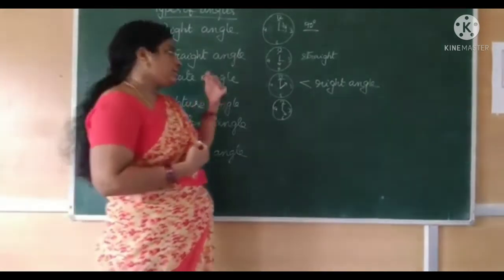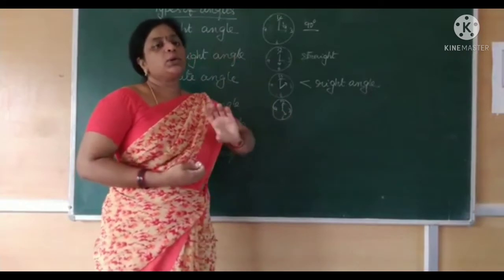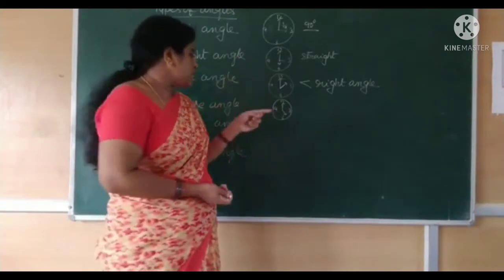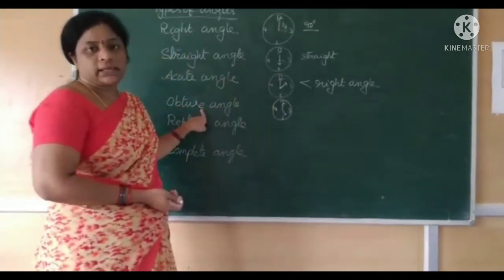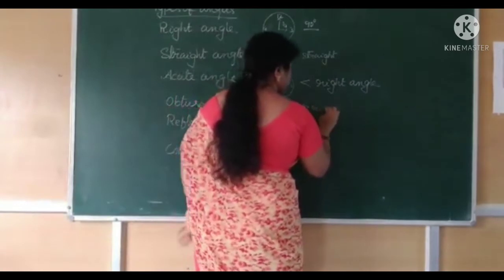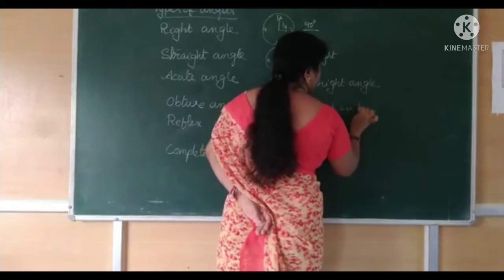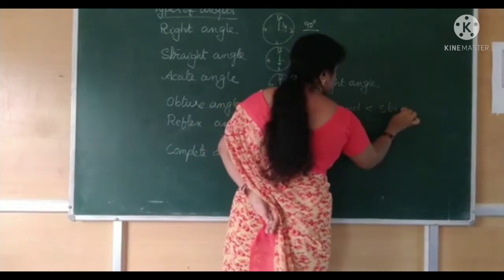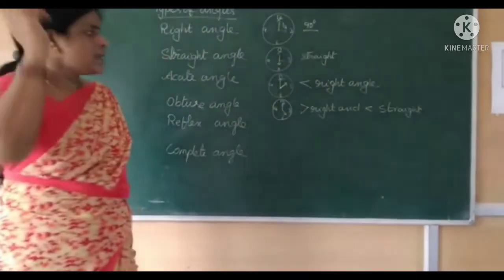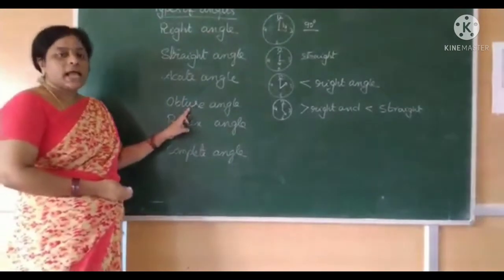Means the hour hand should be in between 3 to 6 hours, then it is said to be obtuse angle. Greater than right angle and less than straight angle is said to be obtuse angle.